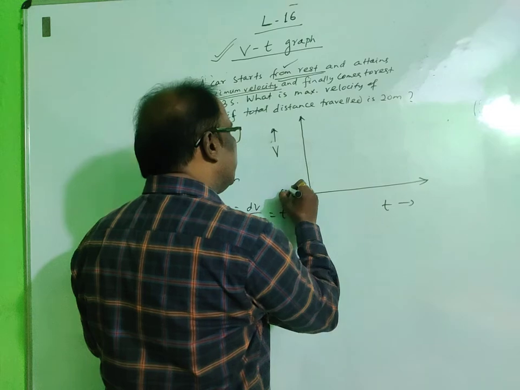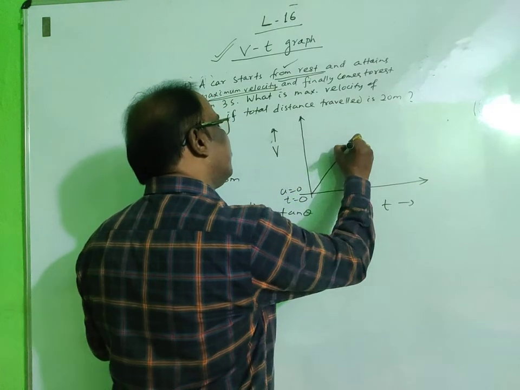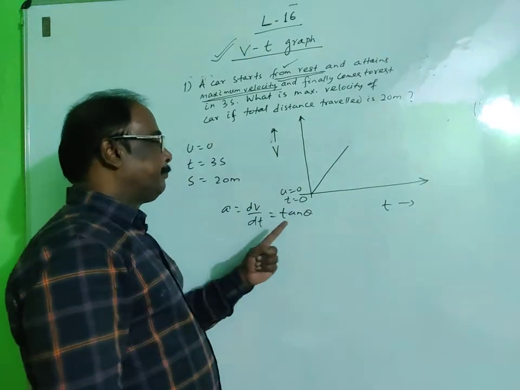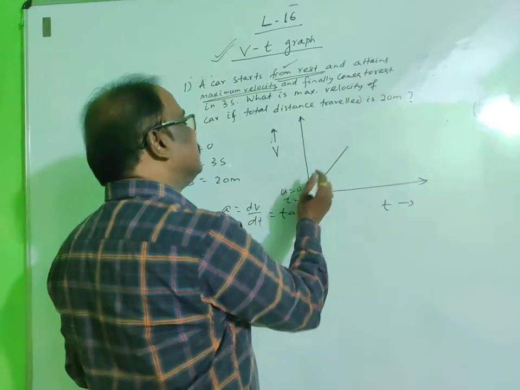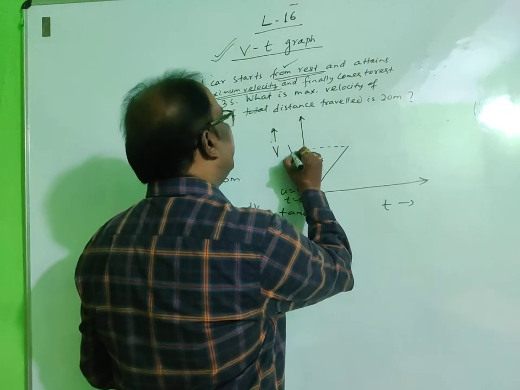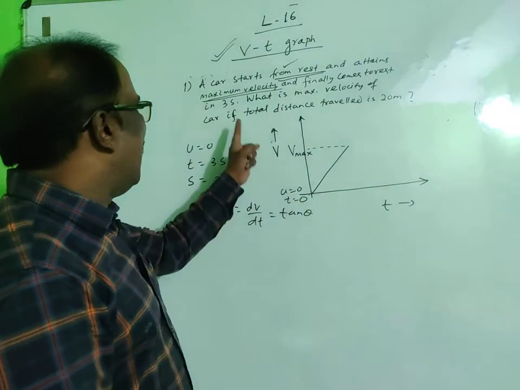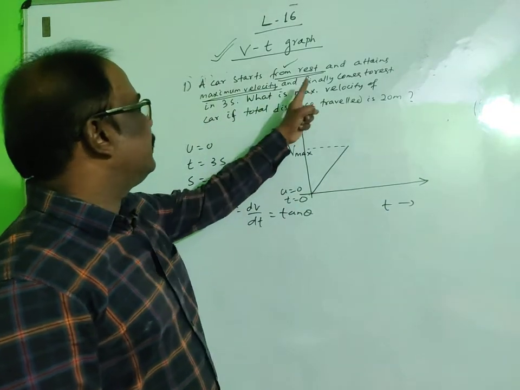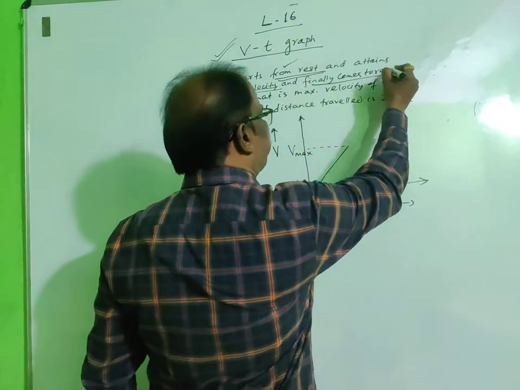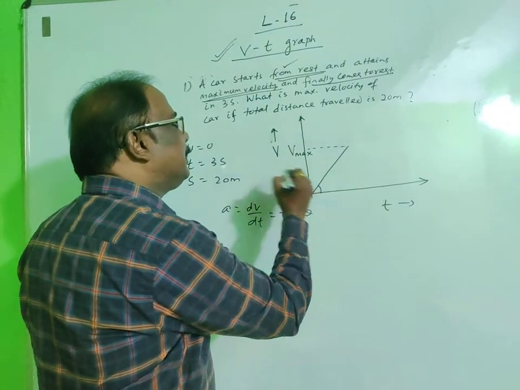So the initial velocity is 0. When time is 0, the car moves with acceleration, which means theta is constant. Velocity increases from 0 to V max. The car attains maximum velocity and finally comes to rest. So this is accelerated motion. Slope is positive.